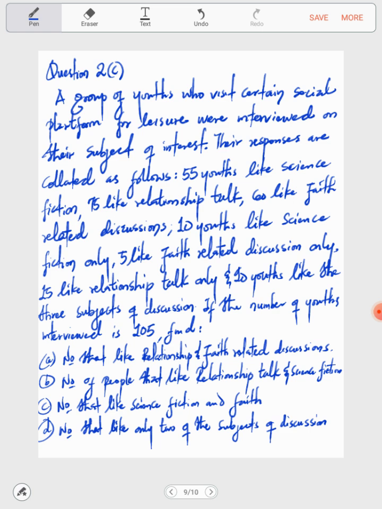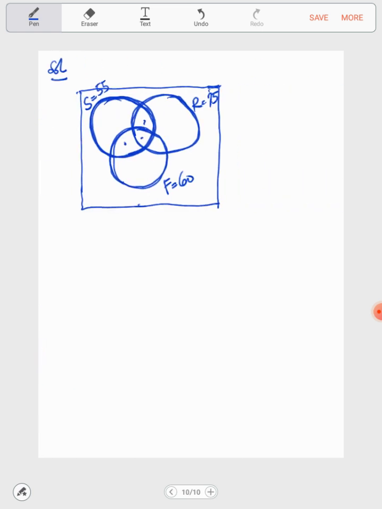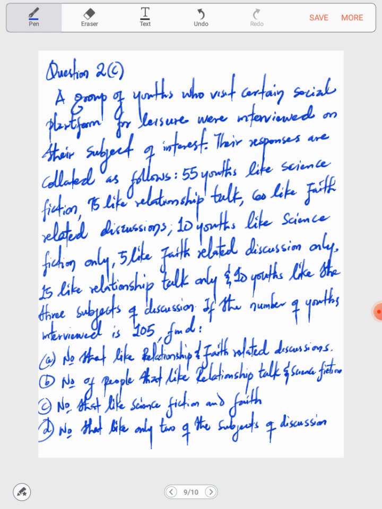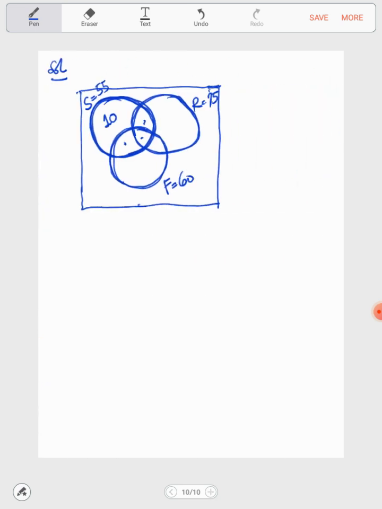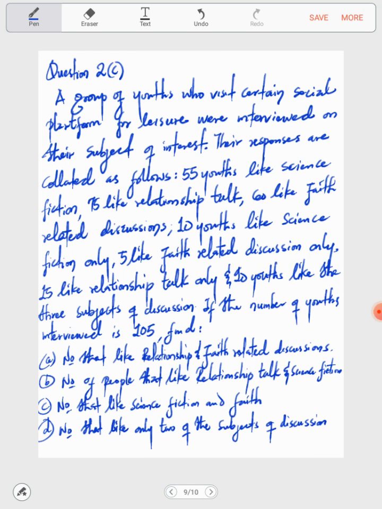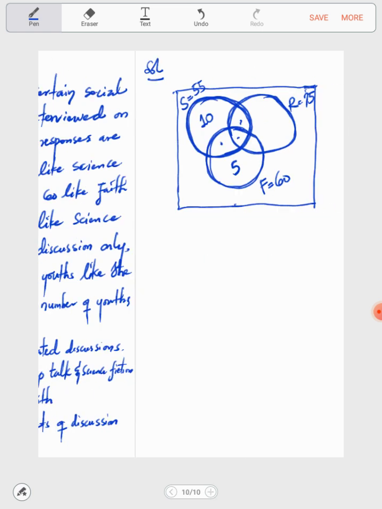Now I have 10 youths that love science fiction only. Which is this part? Remember I explained it the other time. So 10 love science fiction only, 5 love faith-related discussion only, and 15 love relationship talk only.